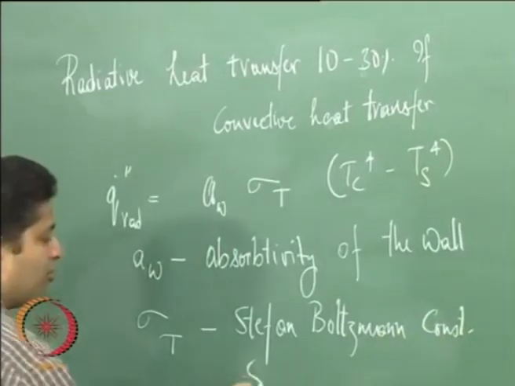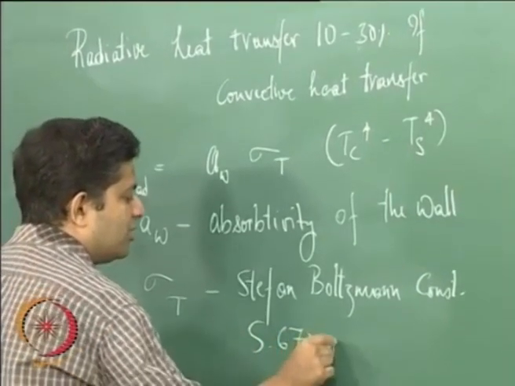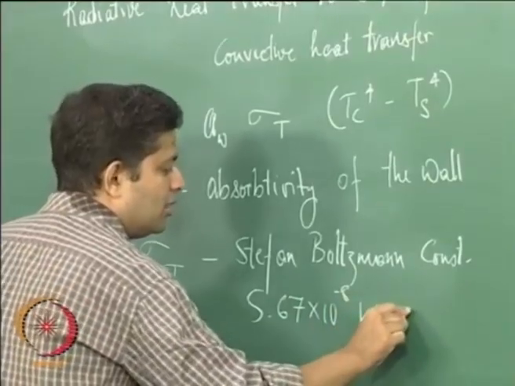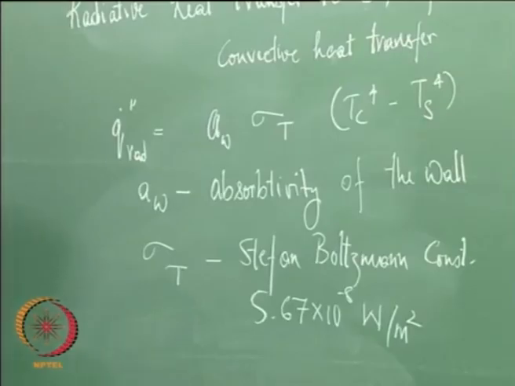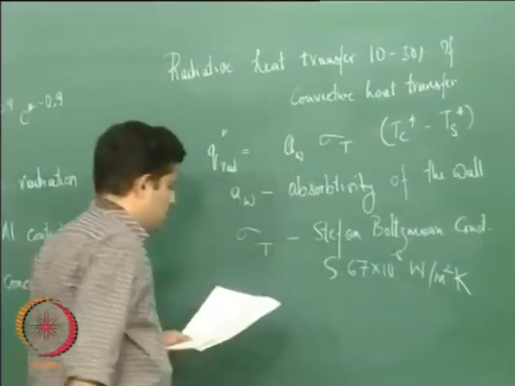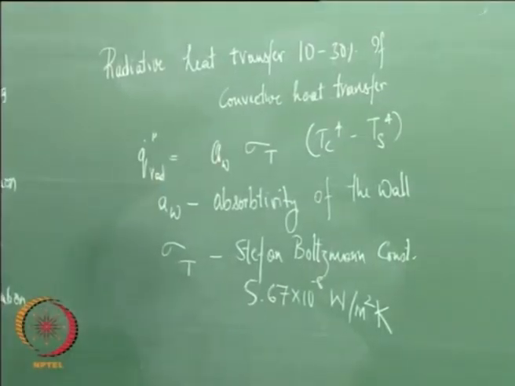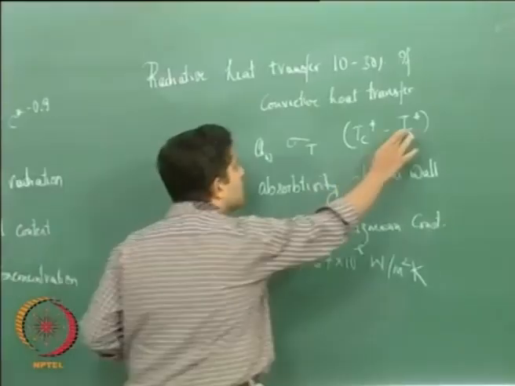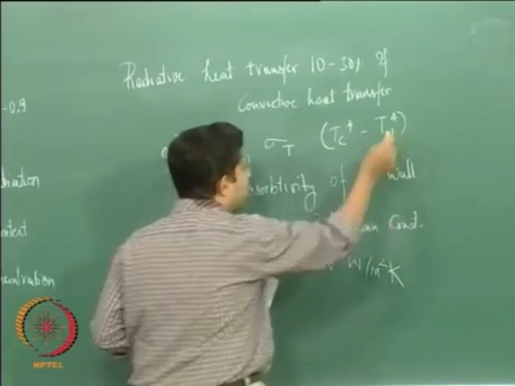This is something like 5.67 times 10 to the power minus 8 watt per meter square per kelvin to the fourth. Okay, and then T_c is, let me make it consistent with the earlier notation, this is T wall.